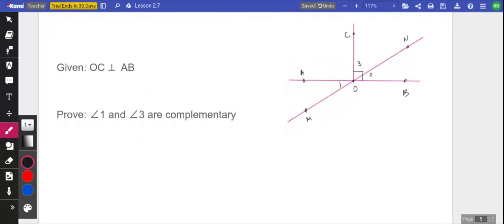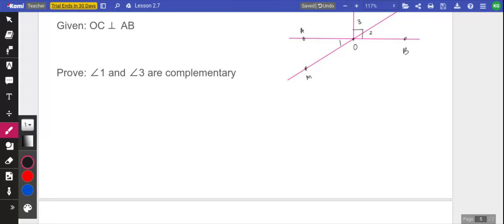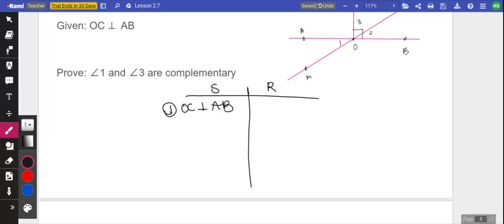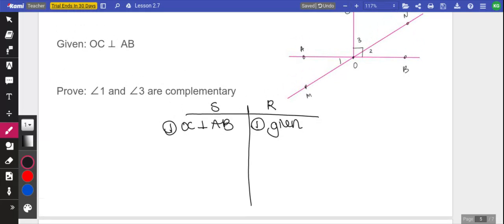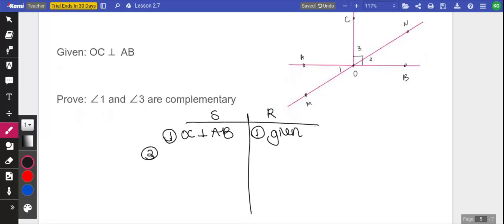Okay, the next one. OC is perpendicular to AB. It's the only thing we're given. So that means that OC and AB make a right angle. So we're going to say COB is a right angle.